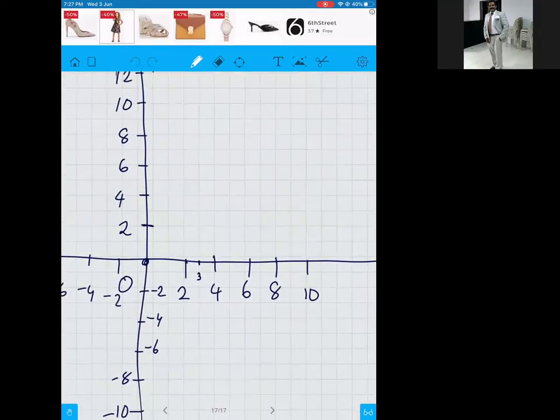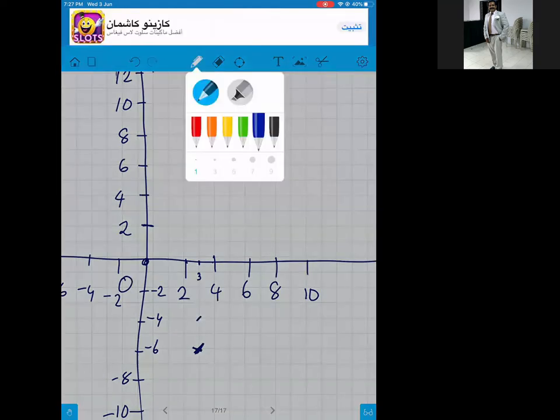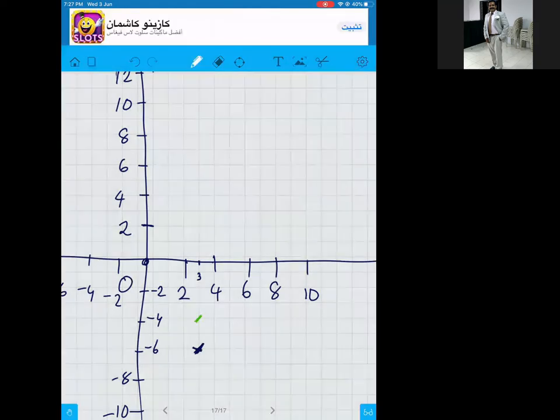So where is this minus 6? When x is equal to 3, y can take another value. What is that? Minus 4, correct? I will use this color to differentiate those points.